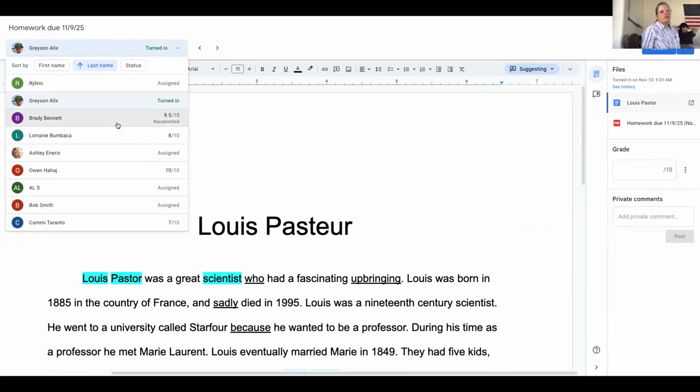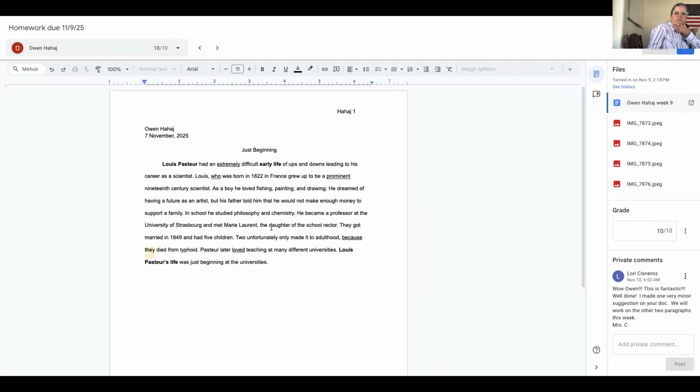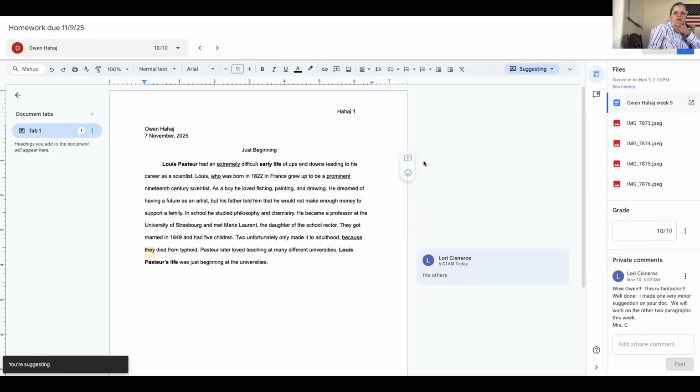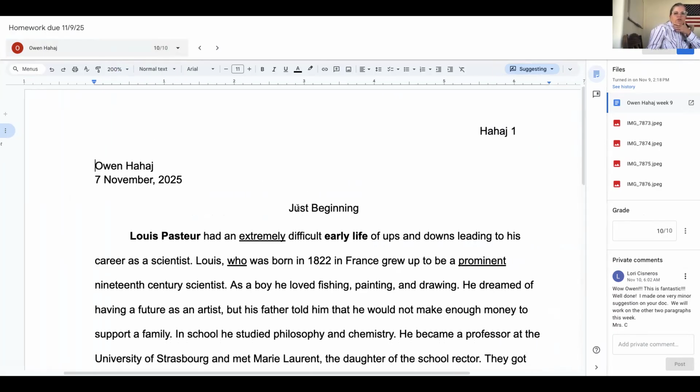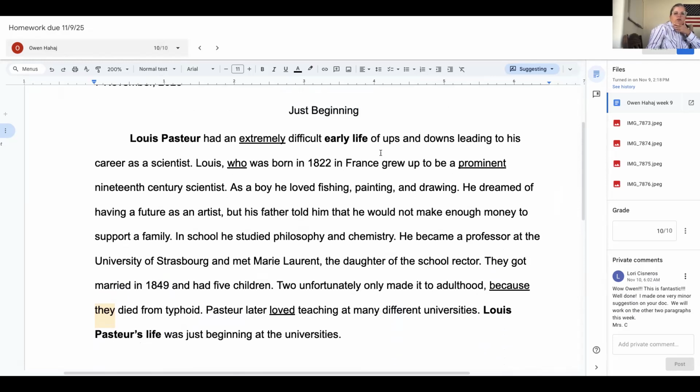Let me check yours, Owen. There it is. Yep, let me zoom in so it's bigger. You got Louis, you bolded yours, which is fine. And you have Louis Pasteur early life and you have Louis Pasteur life.